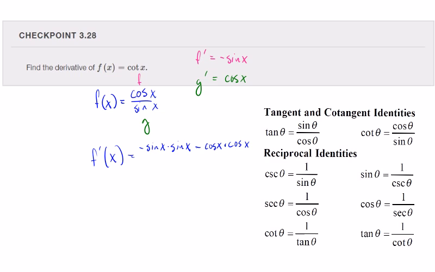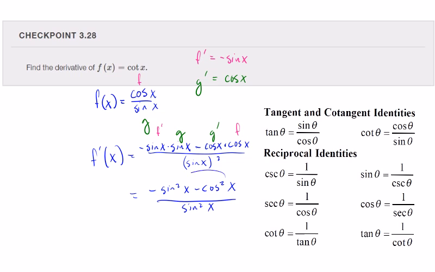All right, so let me just write this out just in case I mix anybody up there. So f prime g and then g prime f, all over g squared. So I'm going to have sine squared of x. So here what happens is we have negative sine times sine, which is negative sine squared. And then we have negative cosine times cosine, which is negative cosine squared. And on the bottom we have sine squared.